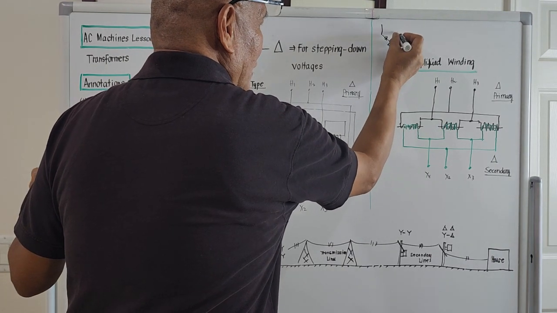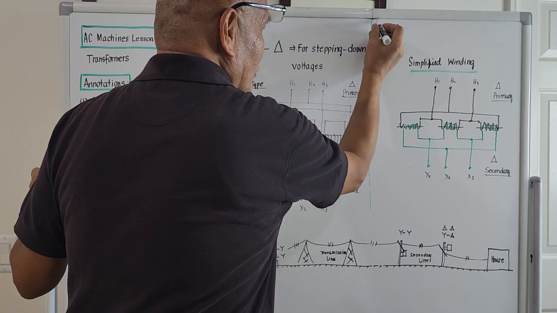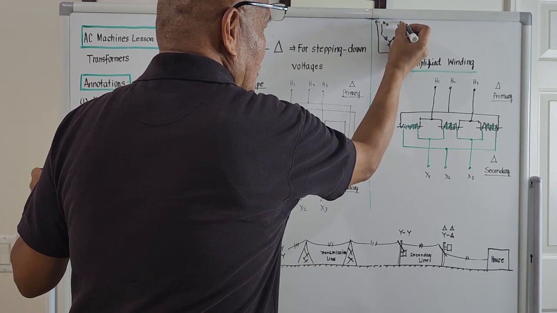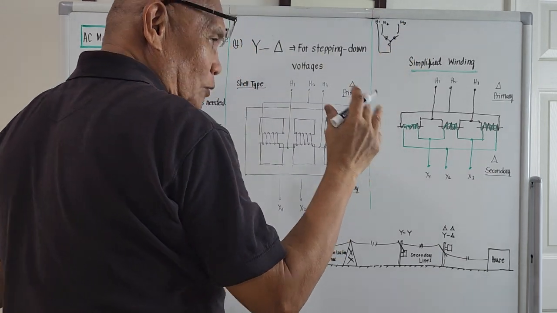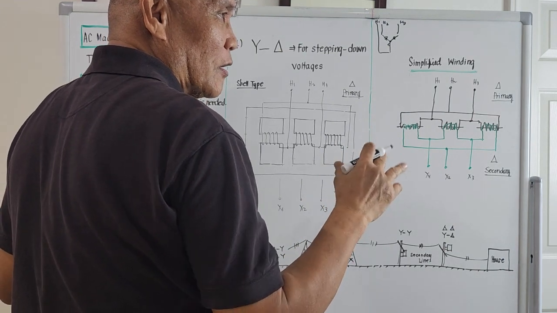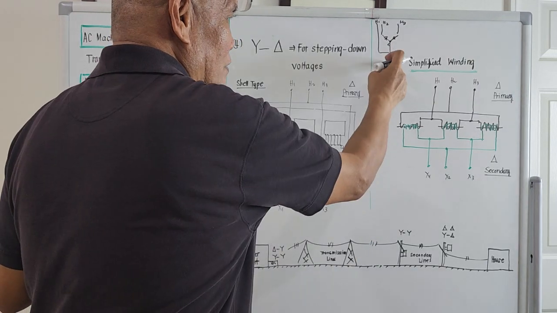One line goes out, another line goes out, and another line goes out. So they should be H1 maybe, H2, and this is H3. So to produce a three-phase, there should be three single-phase transformers which are unconnected, to make it a three-phase.